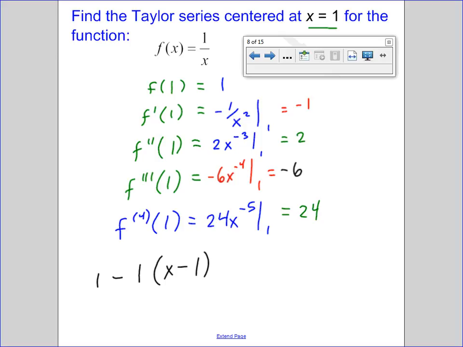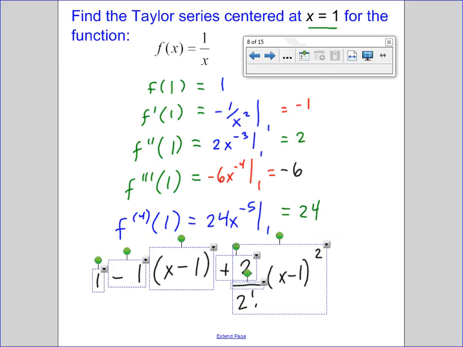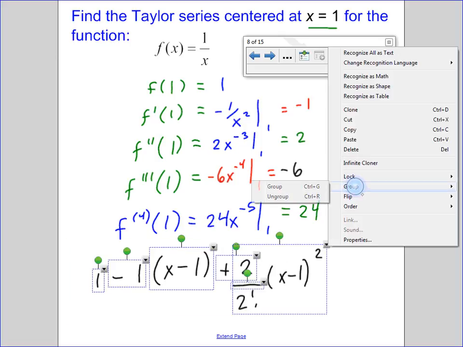So instead of having x to the first, we're going to have quantity x minus 1 to the first, plus 2 over 2 factorial quantity x minus 1 to the second.